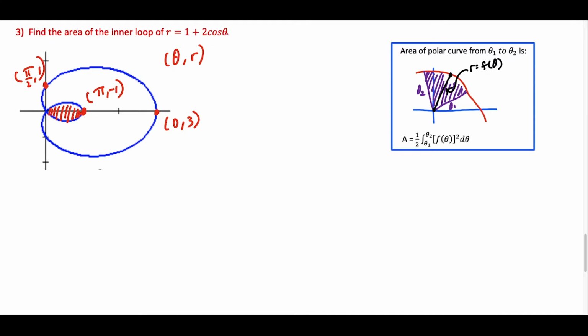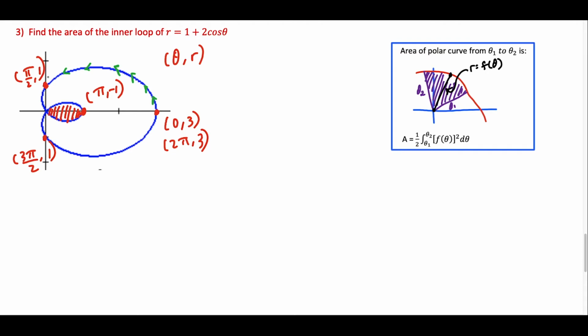And then at 3 pi over 2, cosine is 0. So that's this point here. So we got 3 pi over 2, and when we have 1 plus 0, our radius is 1. And then if we were to plug in 2 pi, that would bring us right back. So technically, this is also 2 pi comma 3. Just so we're clear on what's going on here, we are starting at this point. Then when we draw the curve, it's going in this direction, all the way around like this.